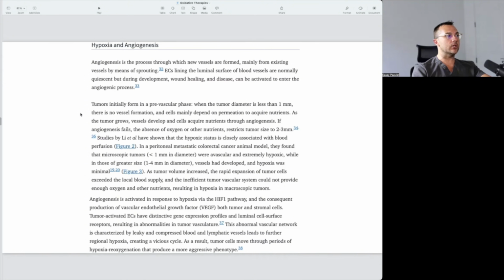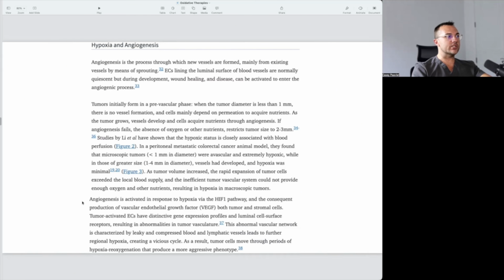As tumor volume increased, the rapid expansion of tumor cells exceeded the local blood supply, and the inefficient tumor vascular system could not provide enough oxygen and other nutrients, resulting in hypoxia in macroscopic tumors.